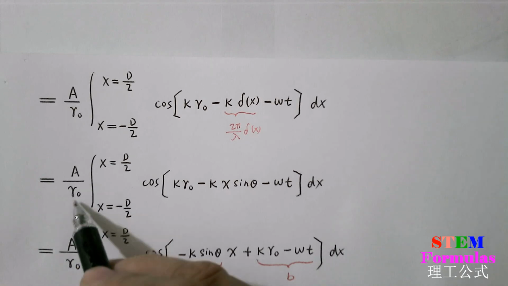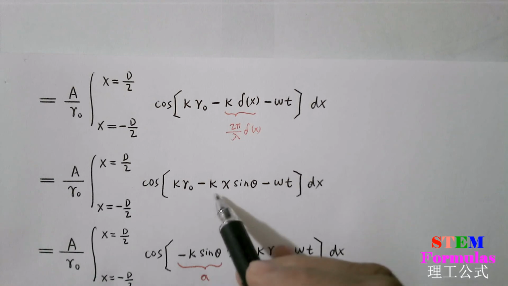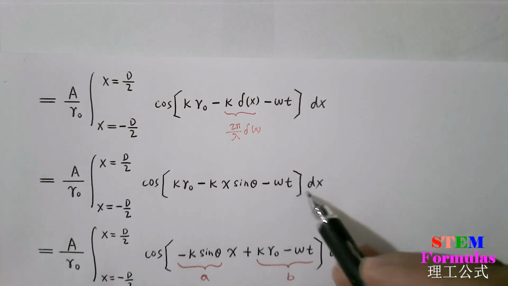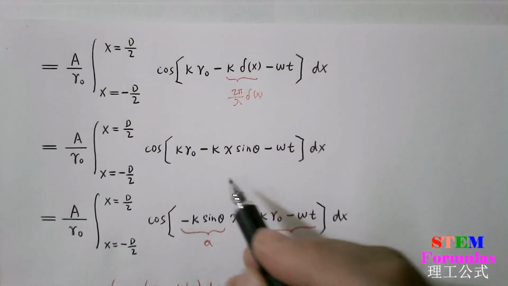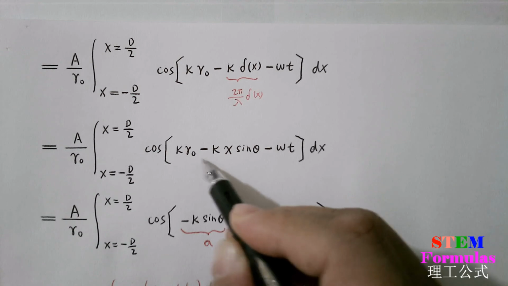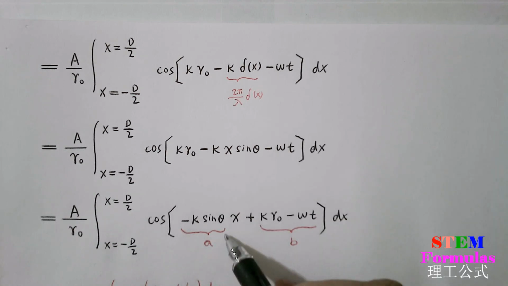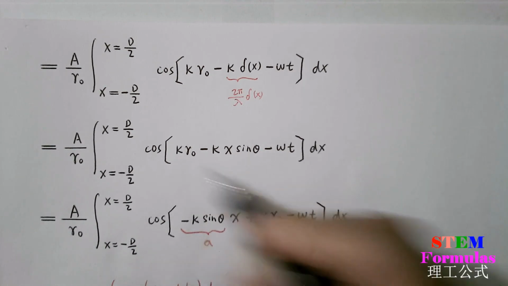When I keep this term, I have the following: a divided by R0 times the integral of cosine of k R0 minus k times x sine theta minus omega t. Now I move the x term to the front and move k R0 behind.